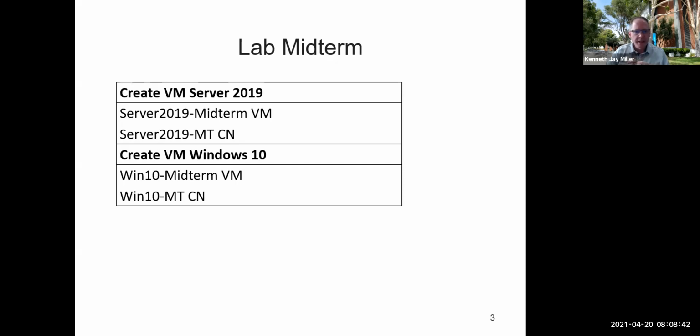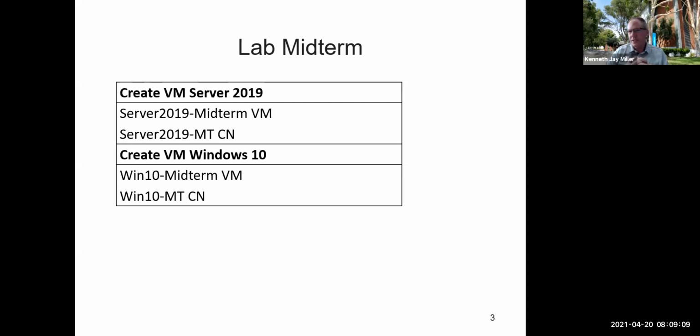And that was to create a new server VM and a new Windows 10 VM. So you had to create it and you had to name it correctly. The first place you had to name it was in ESXi. And you just had to name it WinServer-midterm. And then Windows 10 was Win10-midterm.